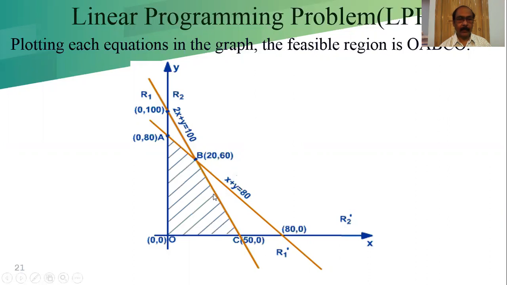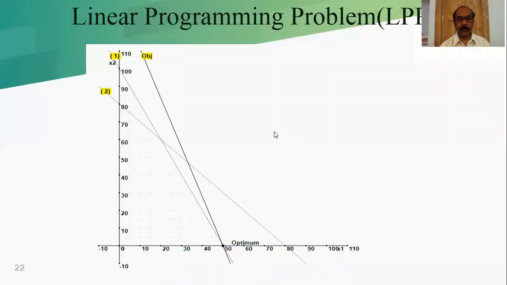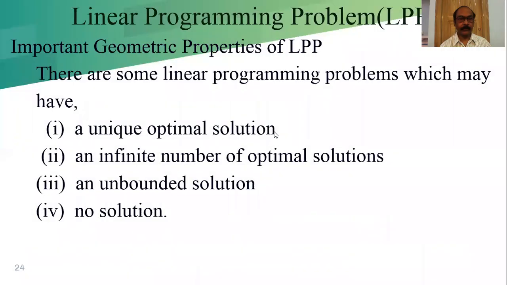Each and every point of this line gives us the same optimum value. That's why there are infinitely many points on this line. If more than one corner point gives us the optimum value, then within these two points there are infinitely many points. That's why there are infinitely many solutions, an infinite number of optimum solutions.